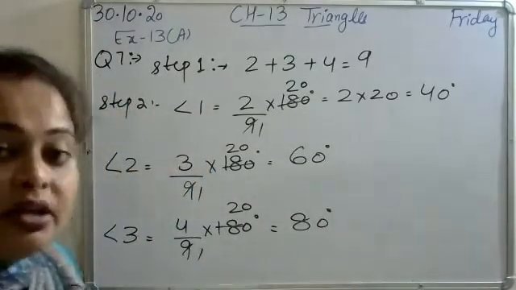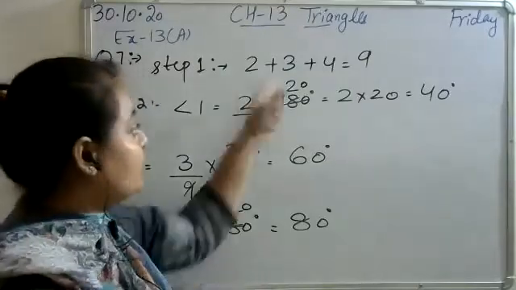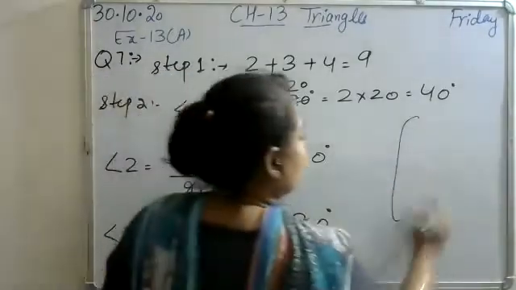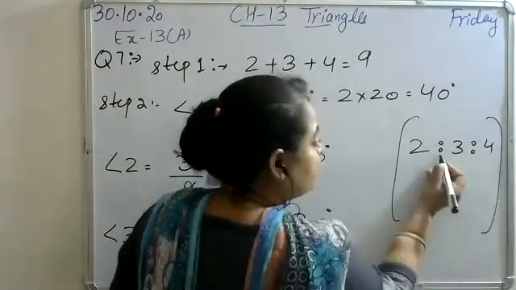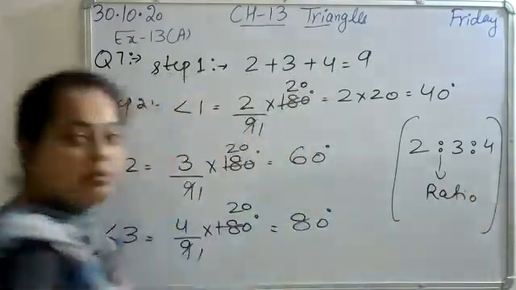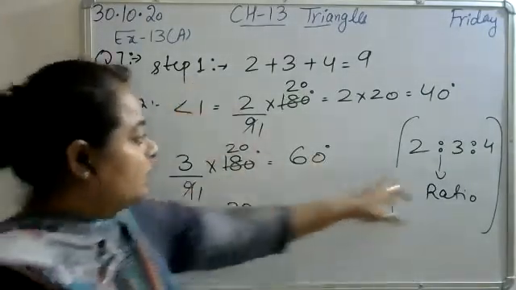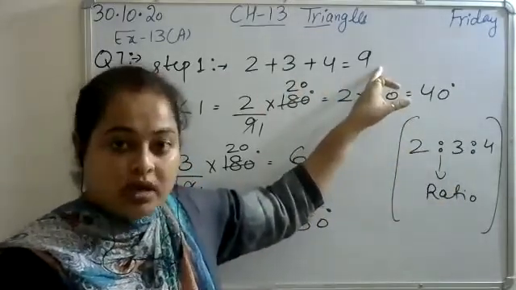So this method you will apply if the sum is based on ratio, as ratio is given in the book. 2:3:4. This is a symbol of ratio. Okay. So in the first step, add 2 plus 3 plus 4 is equal to 9.